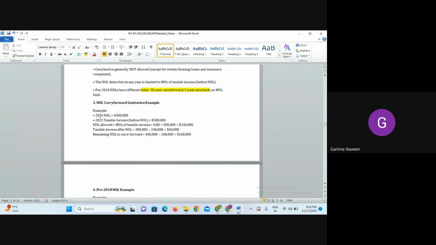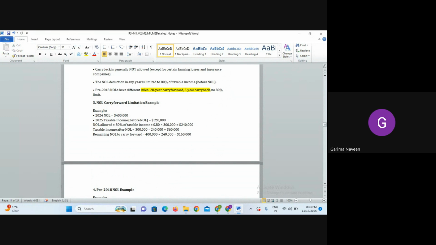For example, suppose in 2024 you have net operating losses of $400,000 and in 2025 you have taxable income of $300,000. Since this is after 2017, you can carry forward indefinitely and deduct up to 80% of the income.